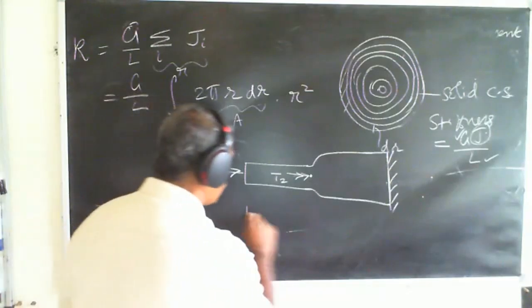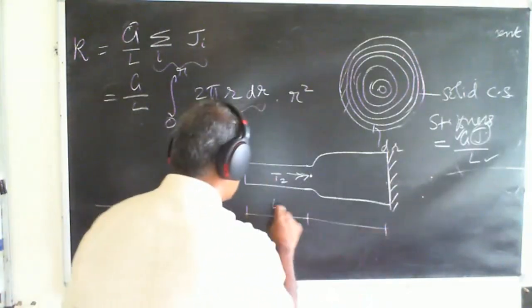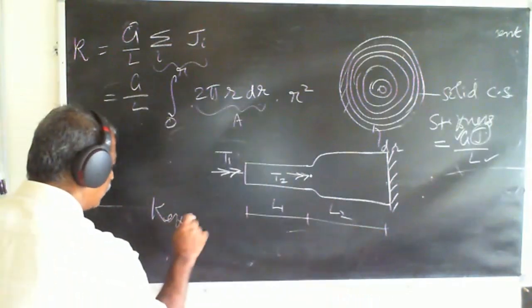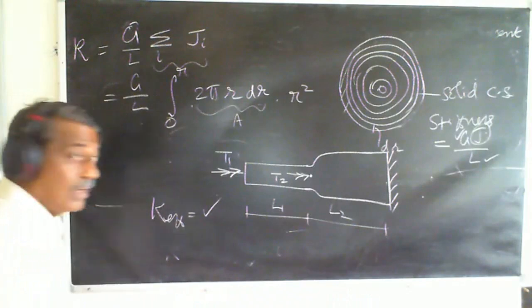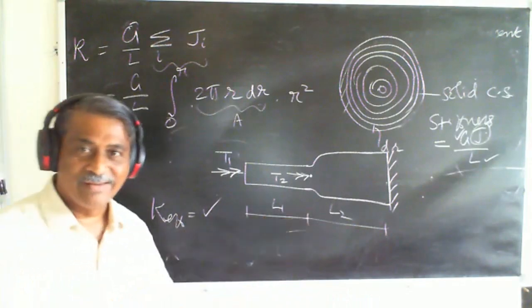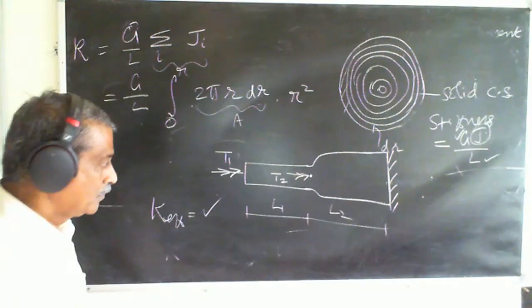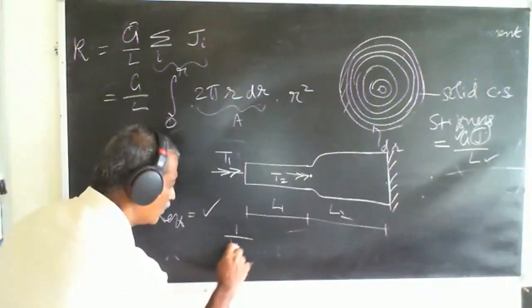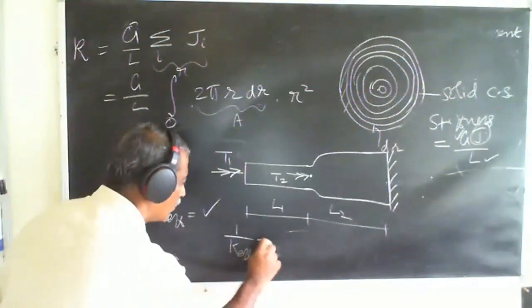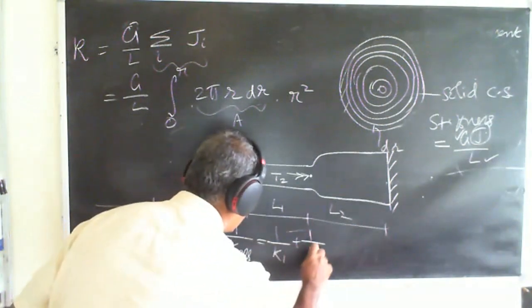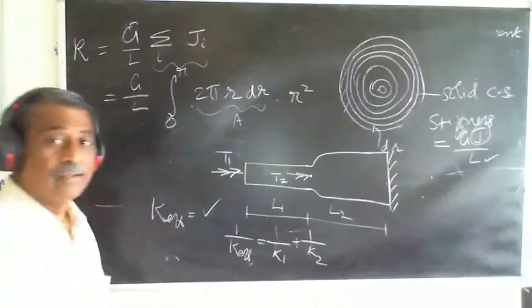Let's say this is L1, this is L2, fantastic. K effective I'll find out, right? What is K effective here? 1 by K effective is equal to 1 by K1 plus 1 by K2. And what is K1?